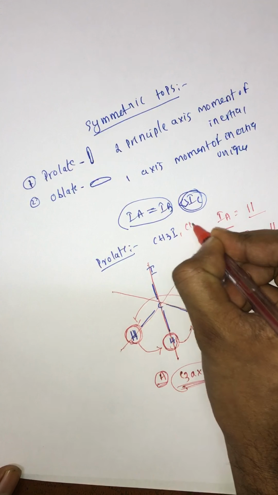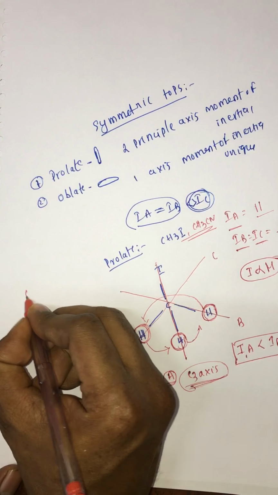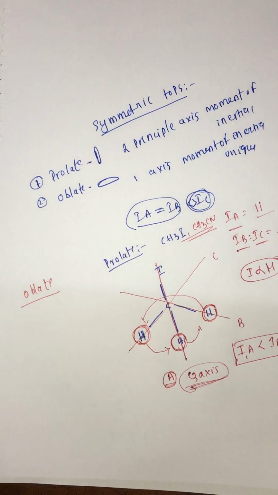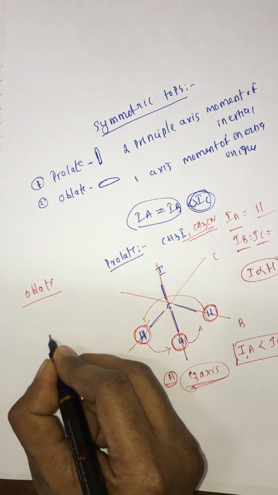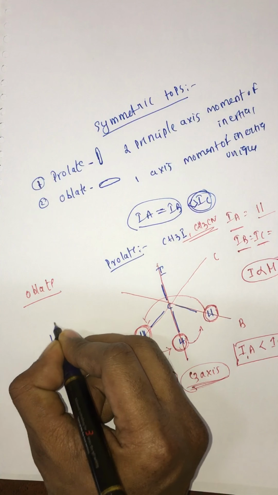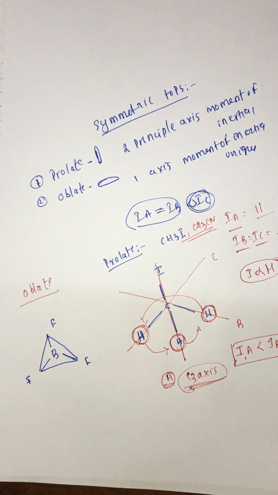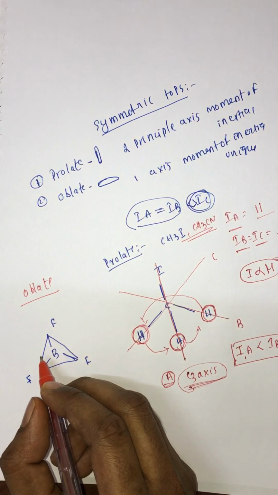Okay, and now we'll go for the oblate kind of molecule. Here we can take methyl nitrile also as an example. The best example for oblate is BF3. So here we have three axes.